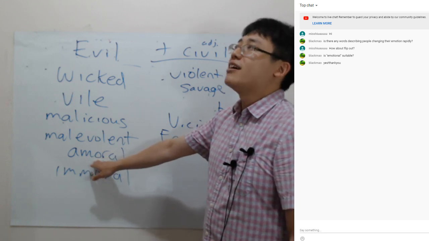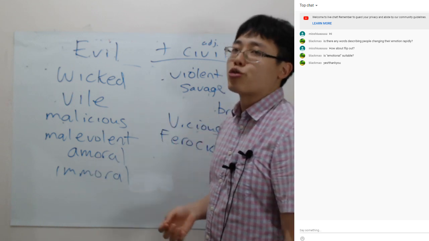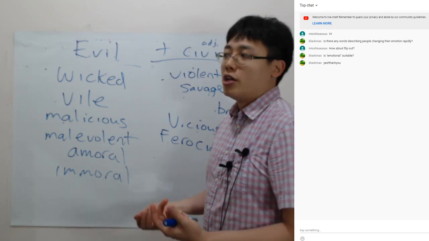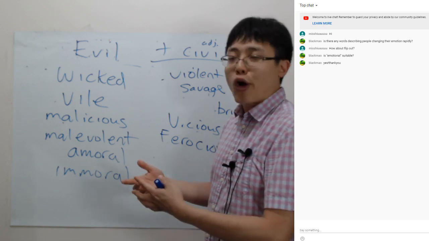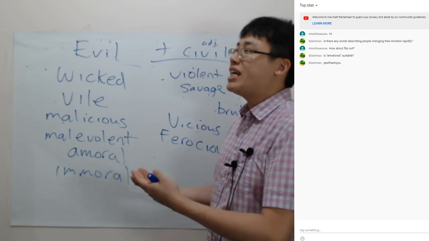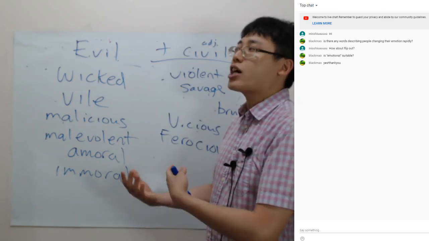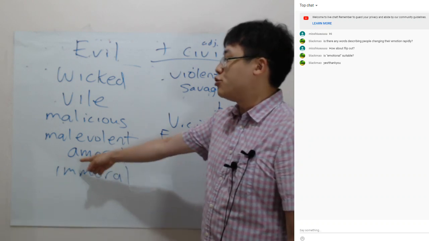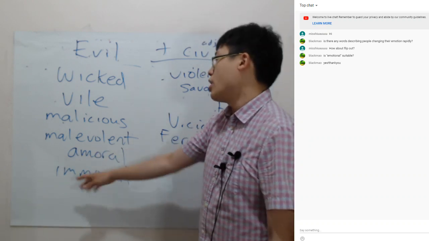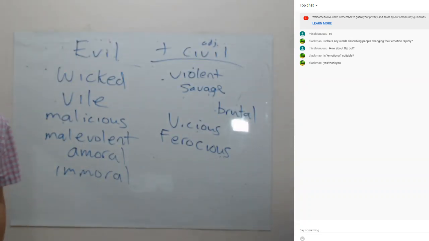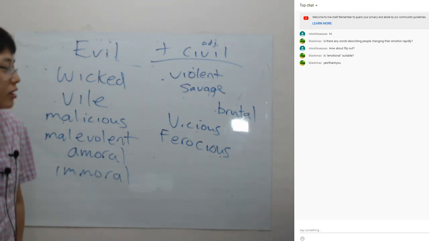The thing is that amoral can also be a neutral word when you want to describe a machine, as an example. Like if a machine kills a person, we don't say the machine is evil because the machine does not think about morals. So in that context, it's neutral. The machine is amoral. But as a person, you should be thinking about morals. So immoral and amoral would still both be adjectives to say bad things about people. So you have to be careful there. Okay.